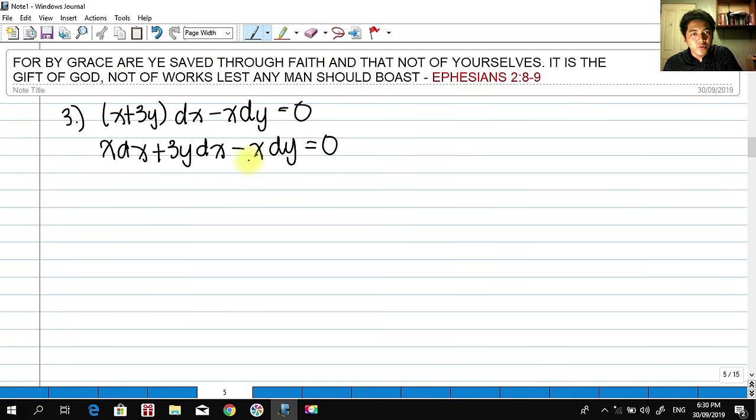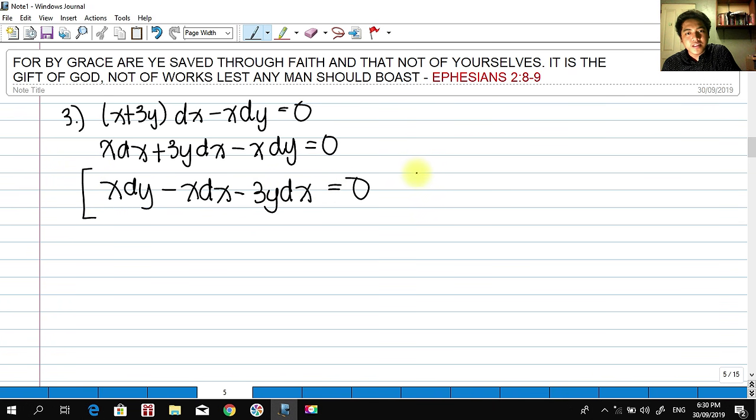So if we transpose this on the other side, we have x dy minus x dx minus 3y dx is equal to 0. Now we divide this by dx. Okay? So what will happen? We have x dy over dx minus x minus 3y is equal to 0.